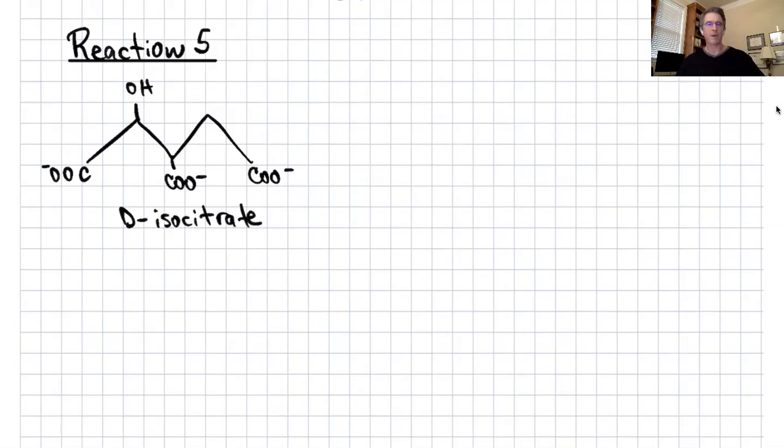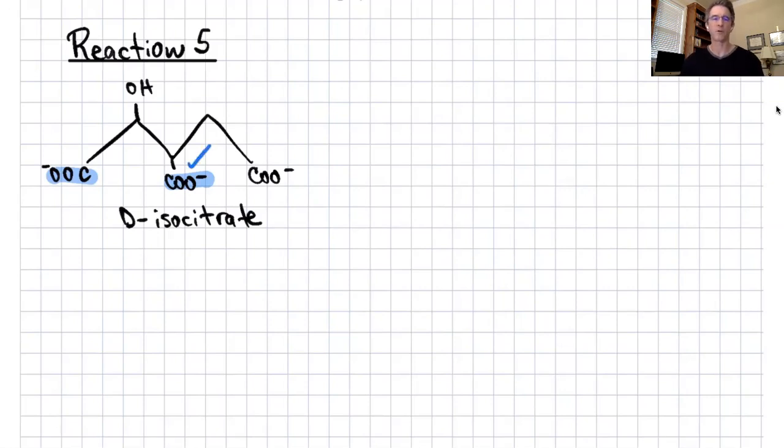And remember, what we need to do now is get rid of a carboxylate group. These are the guys we're going to go after, and this one here, that's the easiest one.